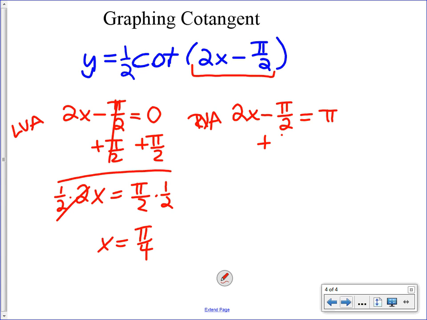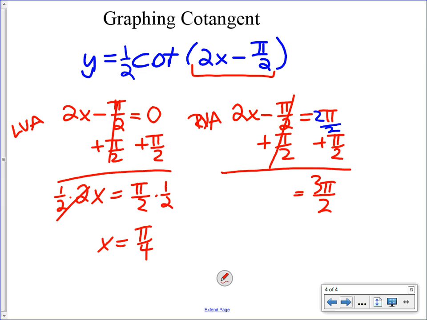Okay, we're going to add pi over 2 to each side, but this time we need a common denominator, so we'll convert pi to 2 pi over 2, and then we'll add our numerators. 2 pi plus 1 pi is 3 pi over 2, and then we'll multiply by 1/2, and we will get 3 pi over 4.